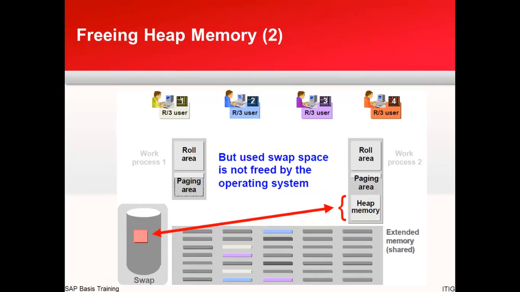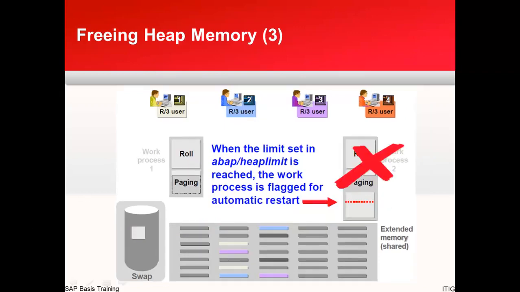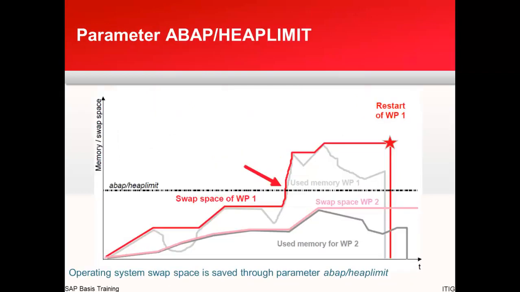Next thing is releasing the heap memory. Here you can see that this heap memory is released after its use. When the limit set in abap/heap_limit is reached, the work process is flagged for automatic restart. You can see this parameter, abap/heap_limit.